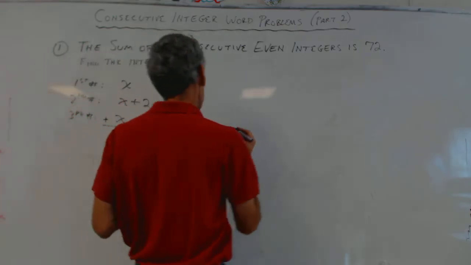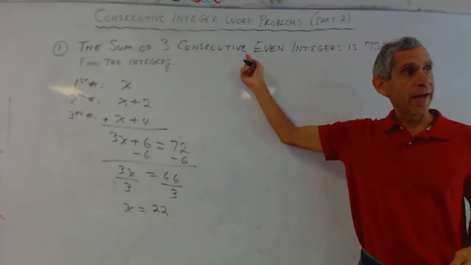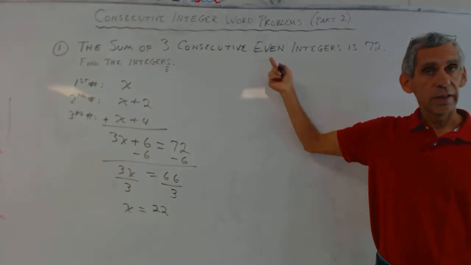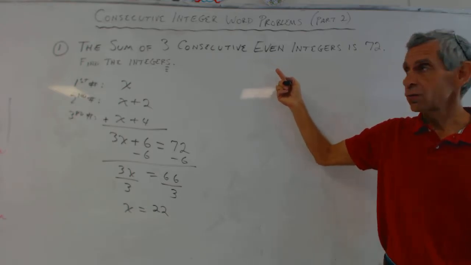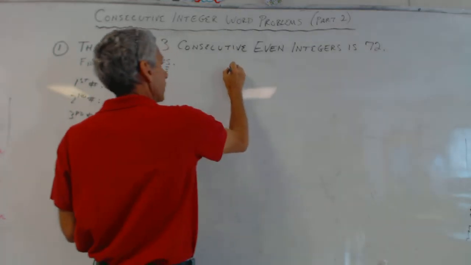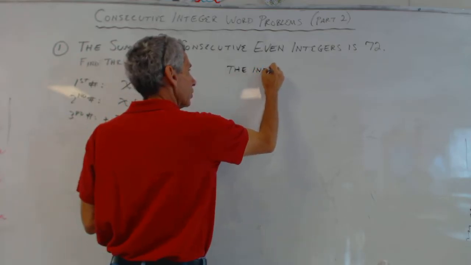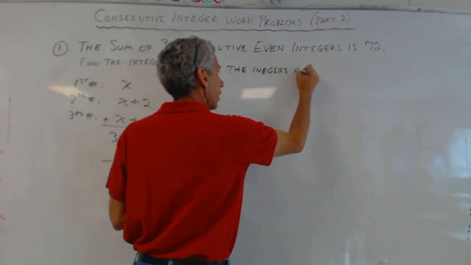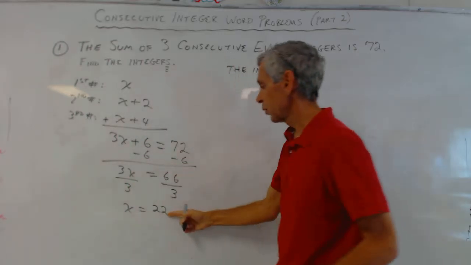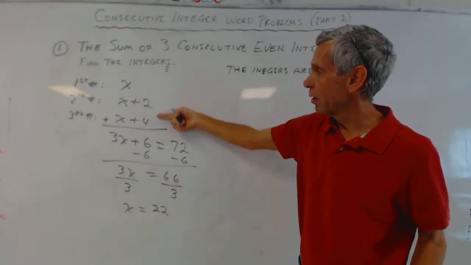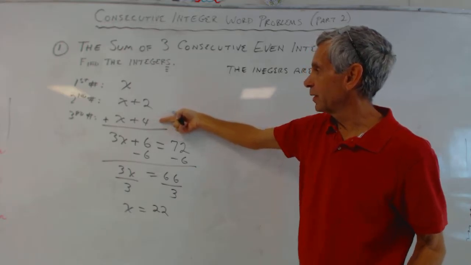So what does that mean? They asked this question in words, right? So I have to answer it in words. So I would say, therefore, the integers are 22, 24, and then 26. 22 plus 2, which is 24, 22 plus 4, which is 26.